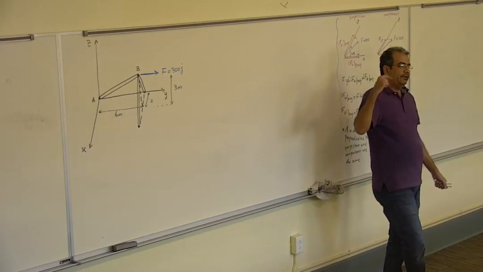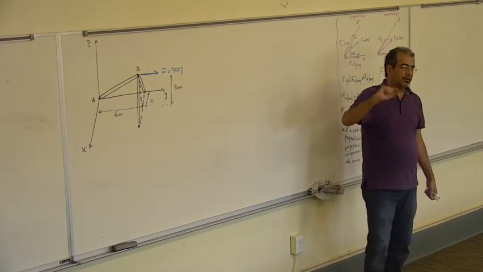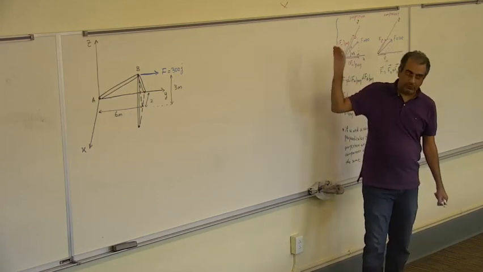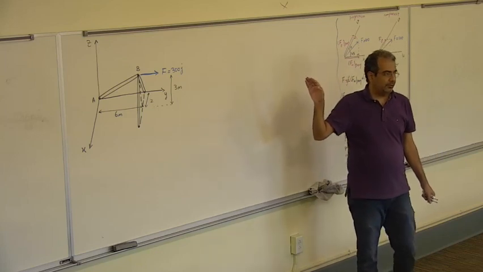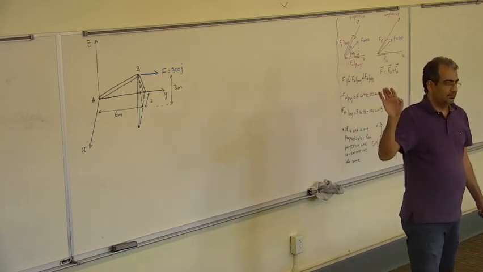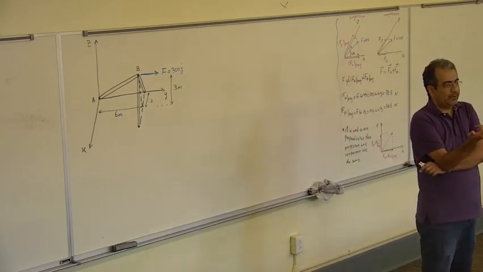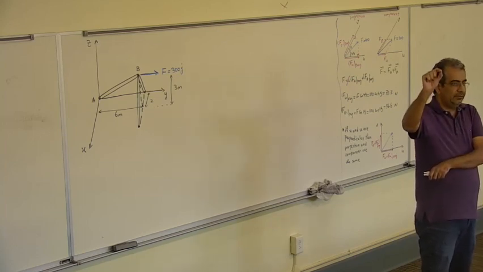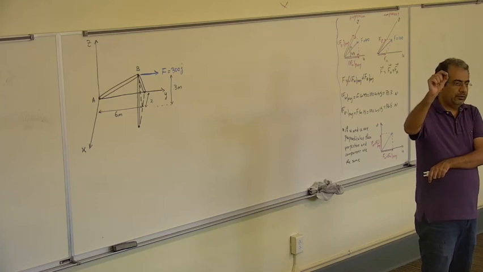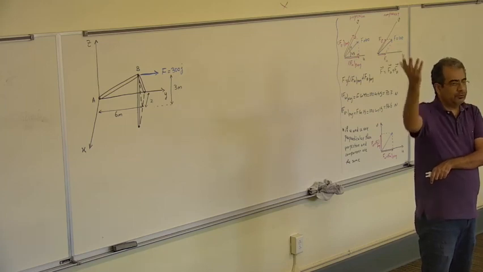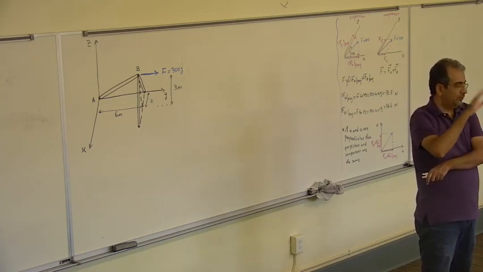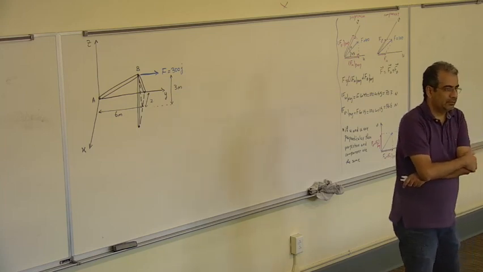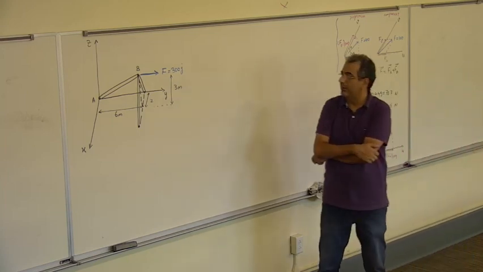So look at it. If the force was already along the AB, what would we have done? You would find the position vector along the AB, then the unit vector along the AB, and then the force along the AB using the unit vector. We had it last time, using the position vector.